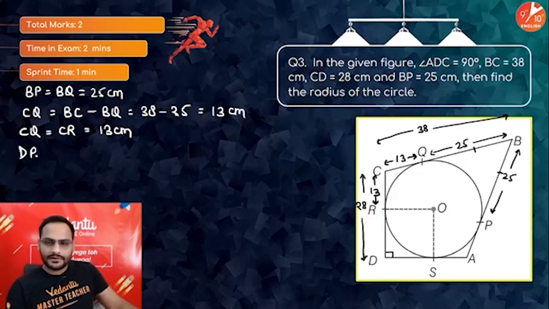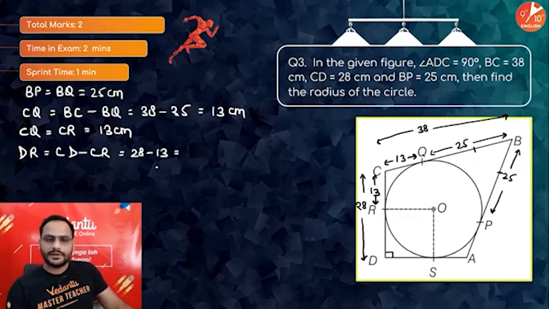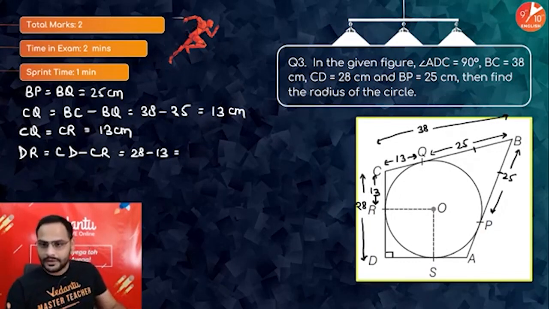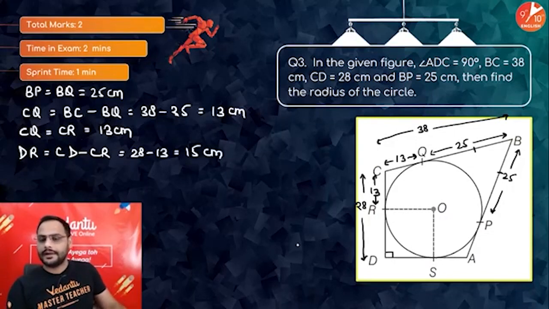Then we can find out DR. Length of DR will be equal to CD minus CR, which is equal to 28 minus 13. 28 minus 13 will be equal to 15 centimeters. Correct?